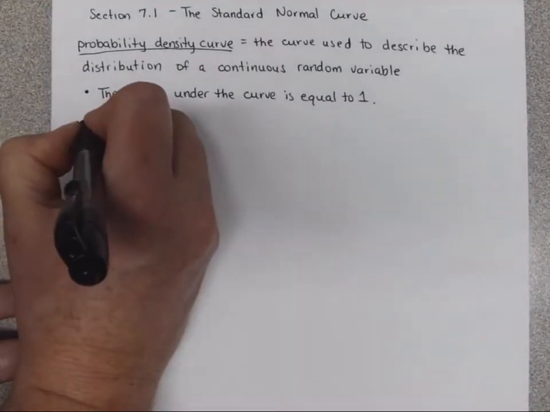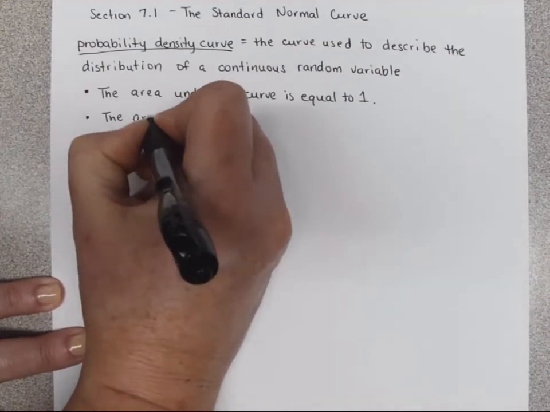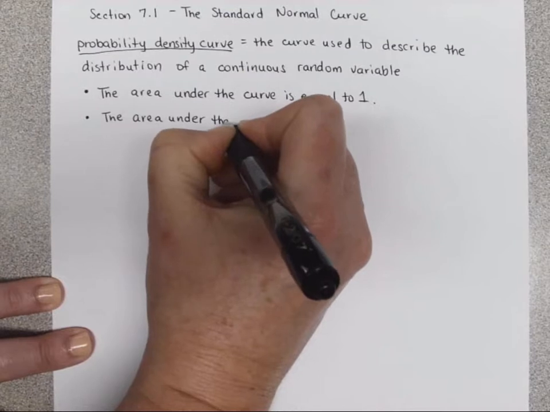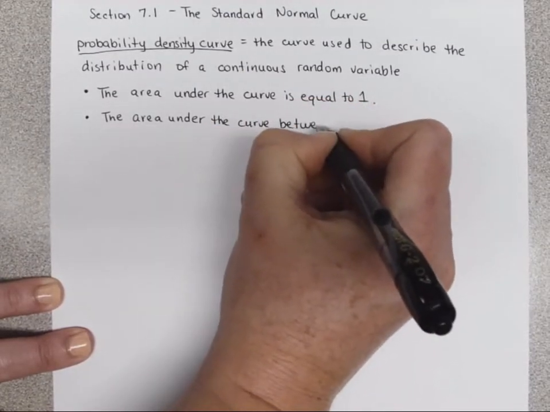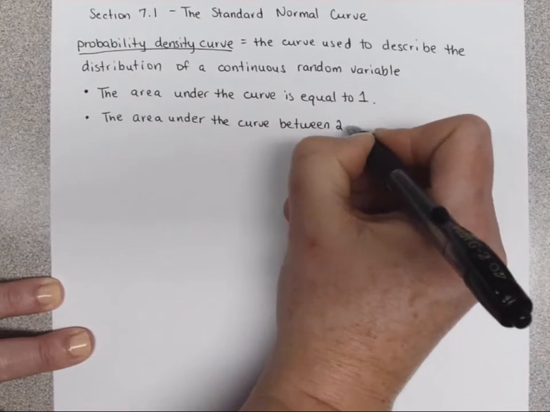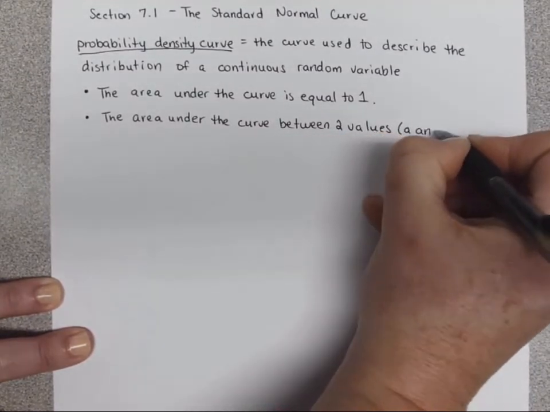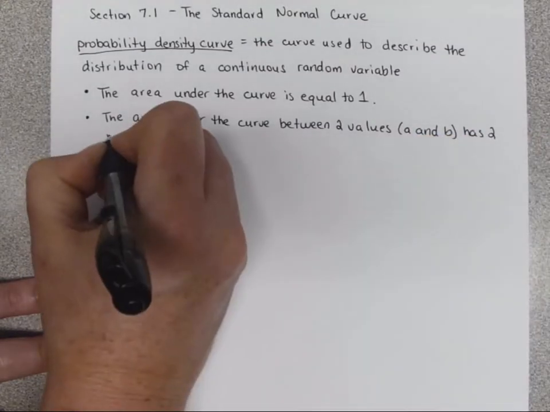The second thing is that the area under the curve between two values, let's just call those values A and B, has dual meanings. It has two different meanings.